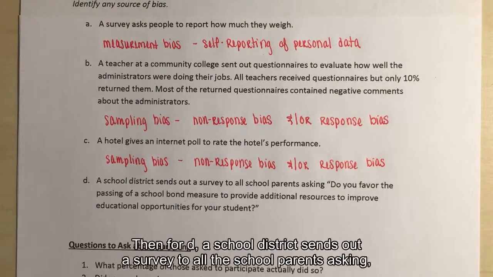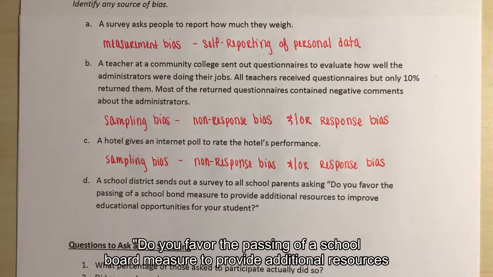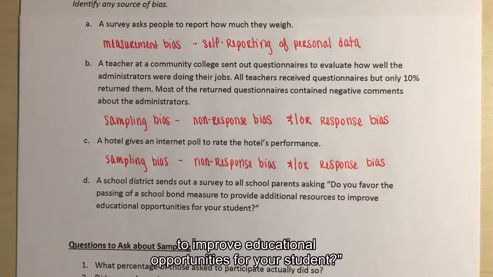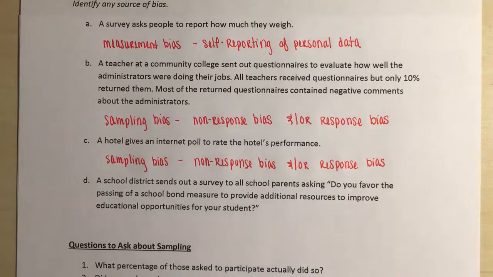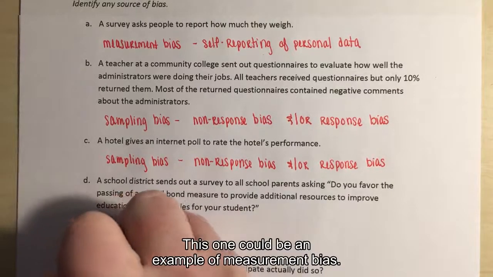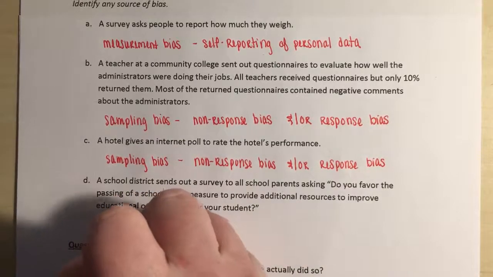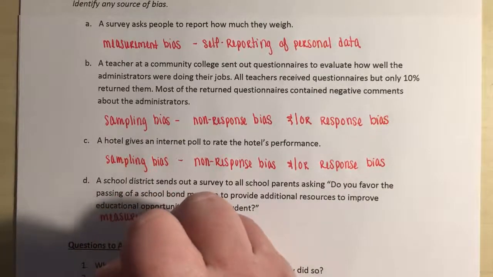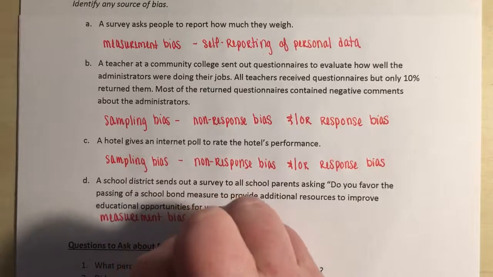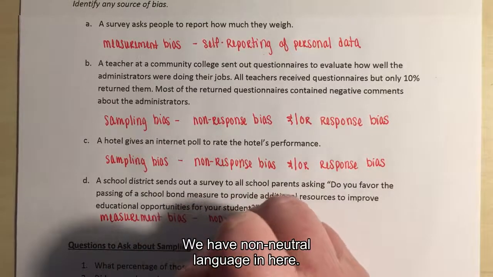Right, then for D, a school district sends out a survey to all the school parents asking, do you favor the passing of a school board measure to provide additional resources to improve educational opportunities for your student? This one could be an example of measurement bias. Right, we have non-neutral language in here.